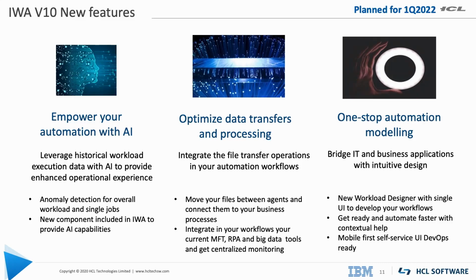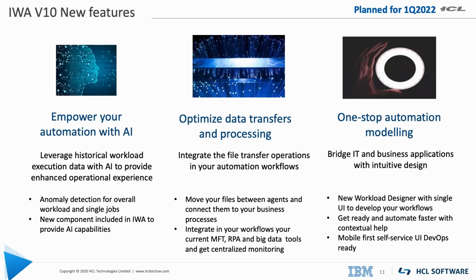The second very important topic is integrating your data pipelines in the automation workflows. Until now, we have been dealing with integrations with managed file transfer tools and trying to orchestrate them from our product, either using a file transfer plugin, which is based on FTP protocols, or using integrations with other tools like Sterling Connect, for example, which is an IBM tool quite popular for managing file transfer.